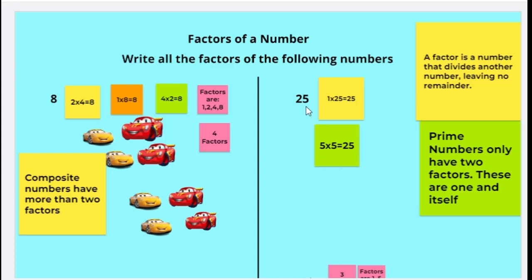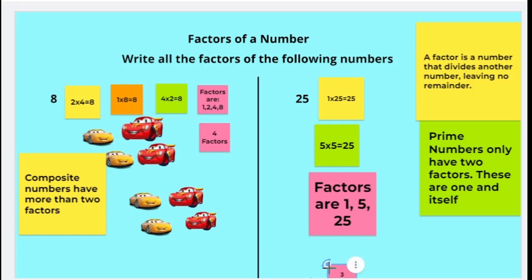Is there any other number that you can divide 25 by so that it leaves no remainder? All right, so the factors of 25 are 1, 5, and 25. So right away, we know that that will be 3 factors.